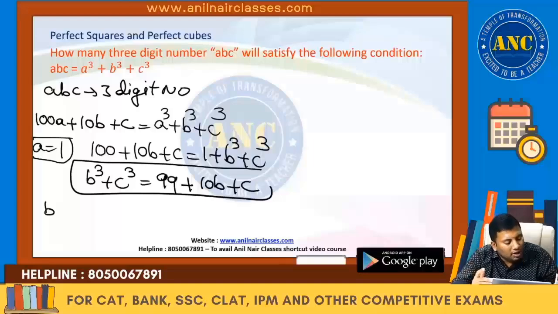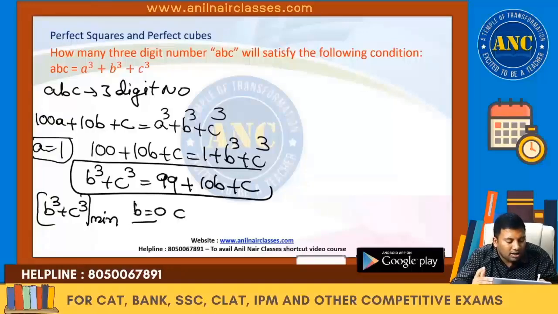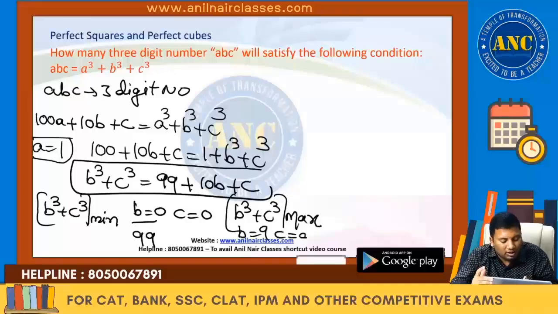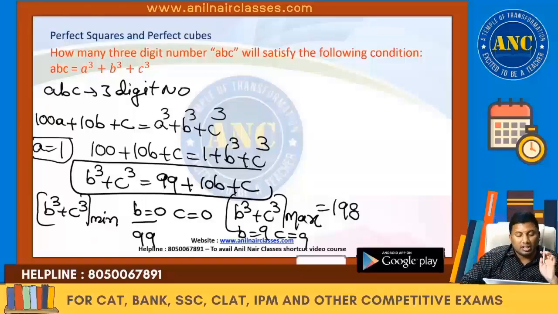B cube plus C cube is 99 plus 10B plus C. Now the minimum value of B cube plus C cube will be when B is 0 and C is 0, that is 99. The maximum value is when B equals 9 and C equals 9, which is 198. Listen carefully, sir.